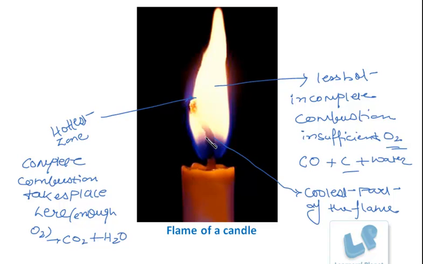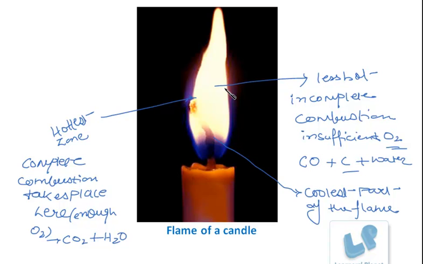Here oxygen is not available. The innermost zone near the wick, the oxygen is not available and hence the wax vapors are not burnt. And hence it is dark and emits no light. This is what a candle flame is.